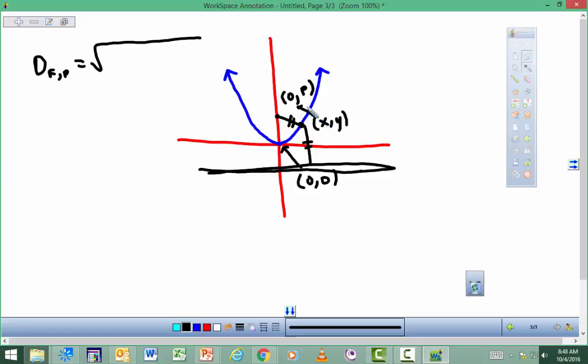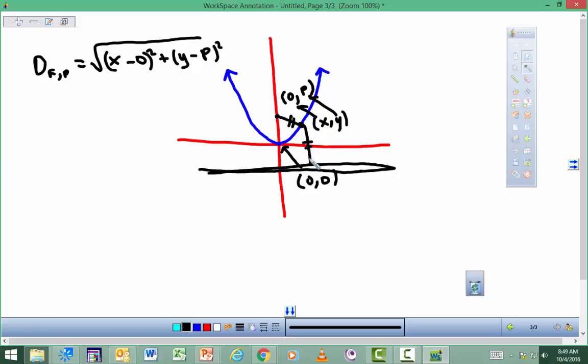So I get x minus 0, and then I square that. And then I take the y coordinates and I square that: plus y minus p, squared. Everyone okay with that? So that's the distance from here to here.